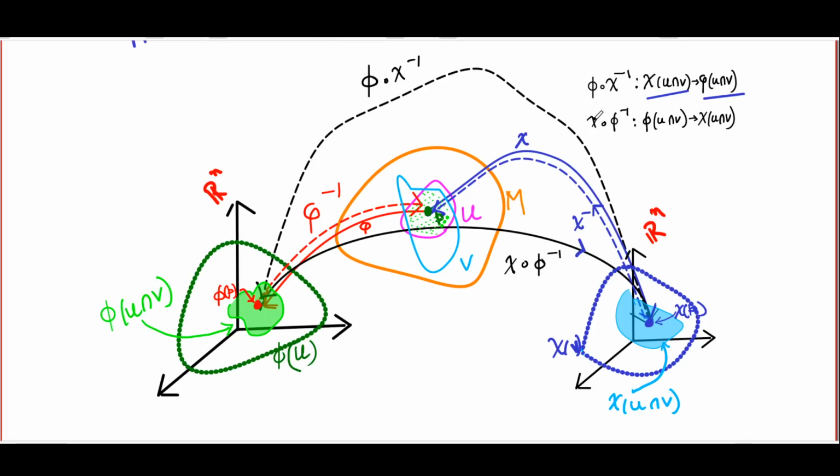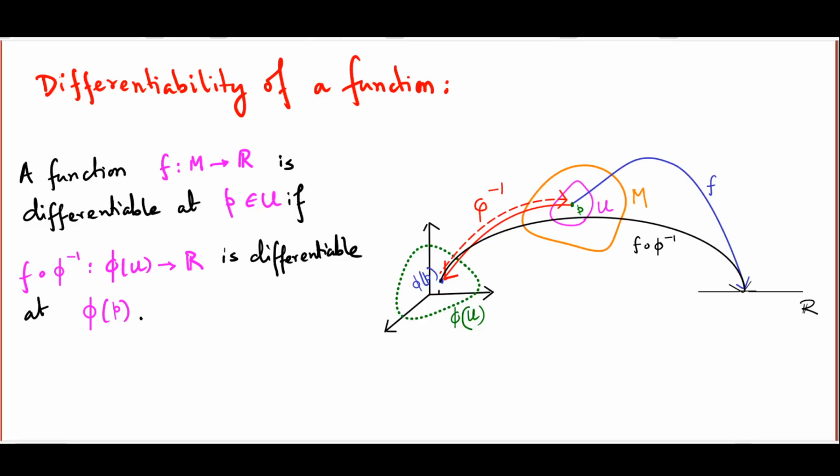Now, what exactly is the reason why we make such a demand? Recall that a function f from M to R is said to be differentiable at a point P belonging to the domain U of the chart U, phi if the proxy function f composite phi inverse, which maps this open subset phi of U in Rn ultimately to R, is a differentiable function at the point phi of P. Now, this definition can of course be used for multiple differentiations.